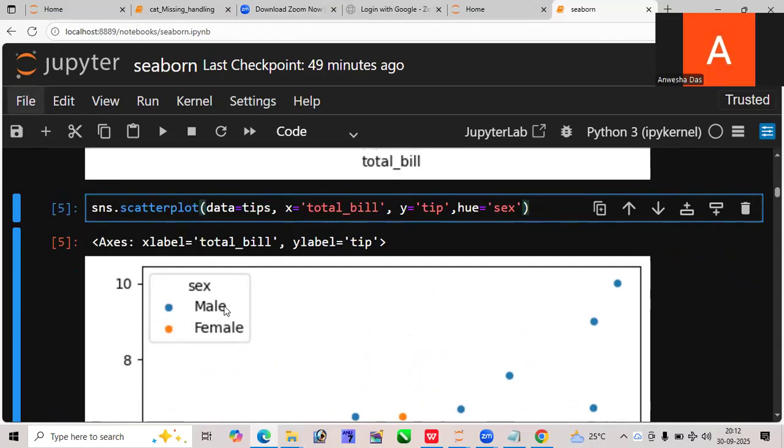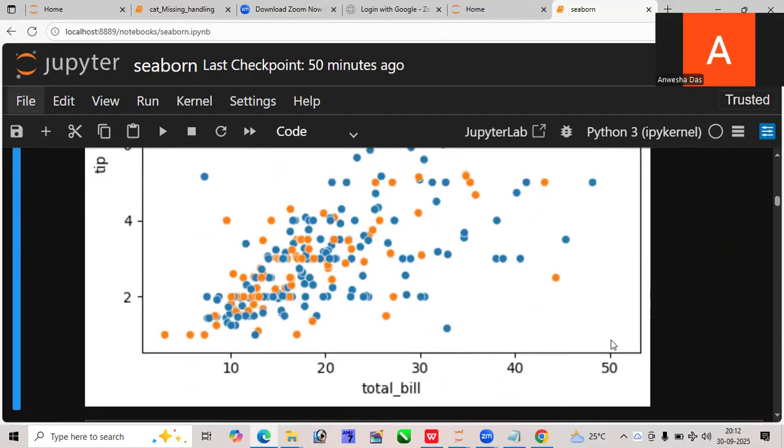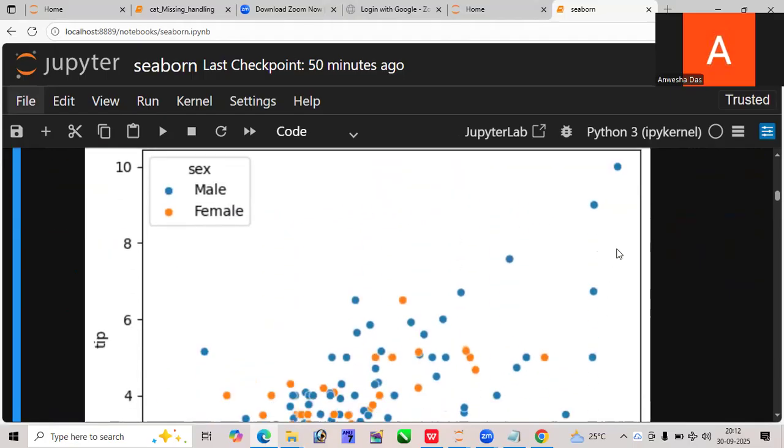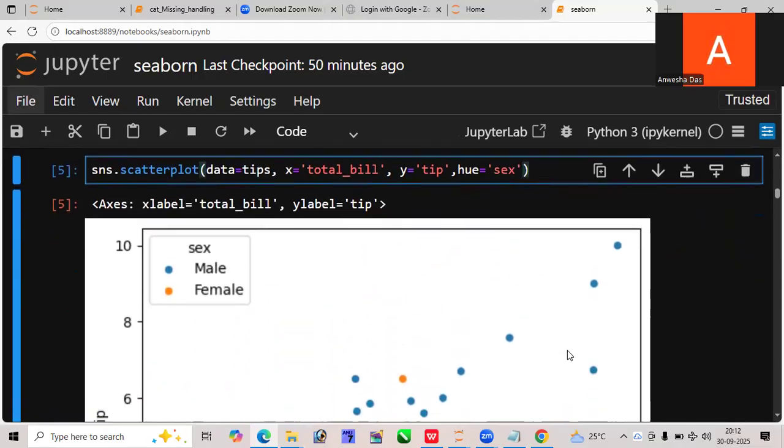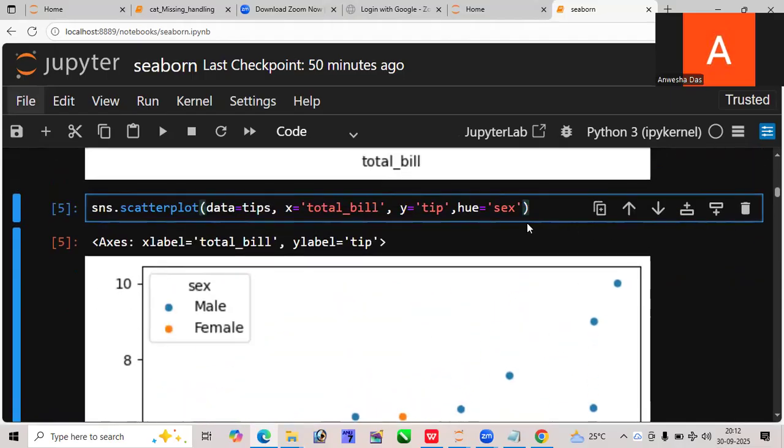Male means blue color and female means orange color. See here, the male gives more tips compared to the female. In that way, we can build a relationship between three variables. Here I have built the relationship between the total bill, tips, and male and female.